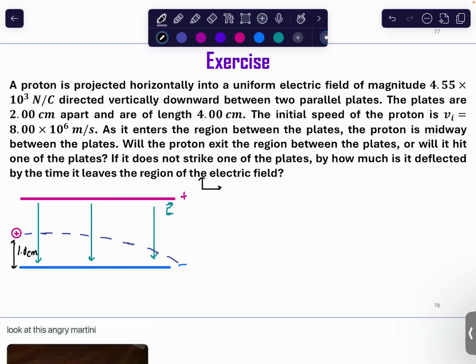We have an initial velocity. We'll set positive x and y. The first thing we want to know is how long is it between the plates? That's one of the things you want to know. Okay, so remember, look up the kinematic equations. These can help you with timing and distance and acceleration.